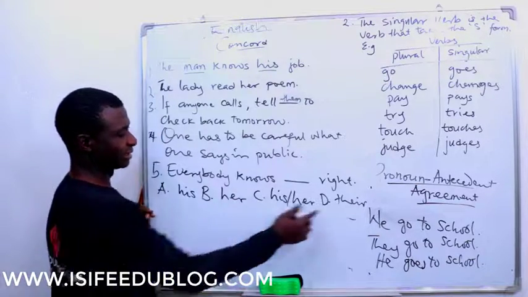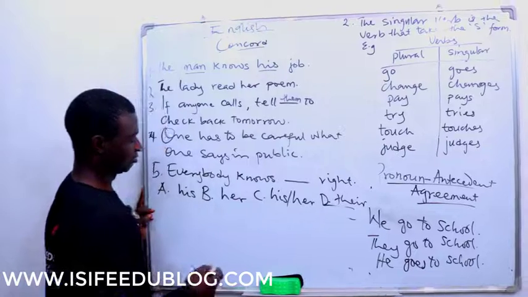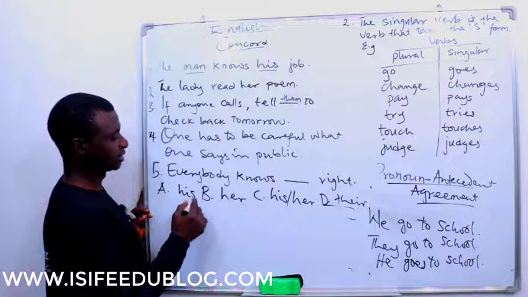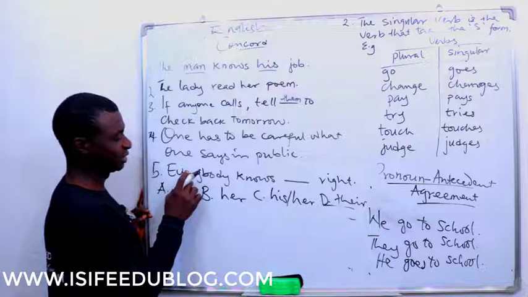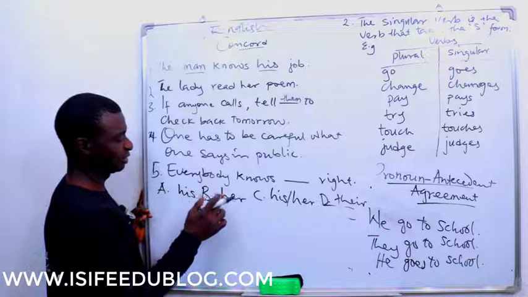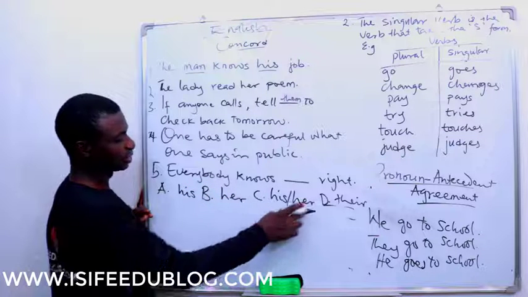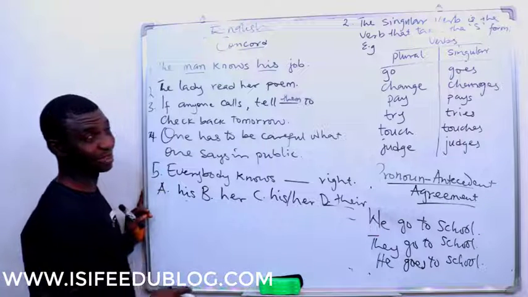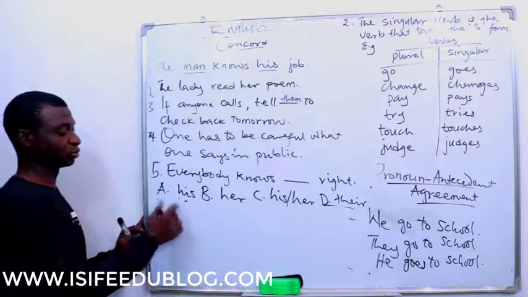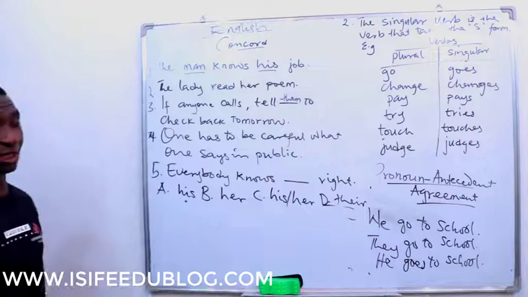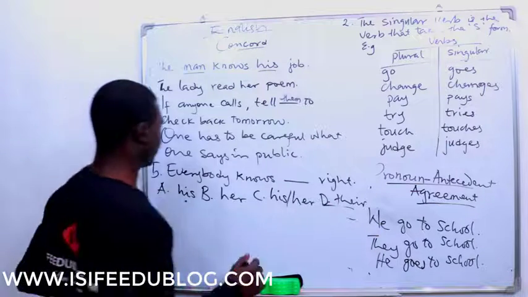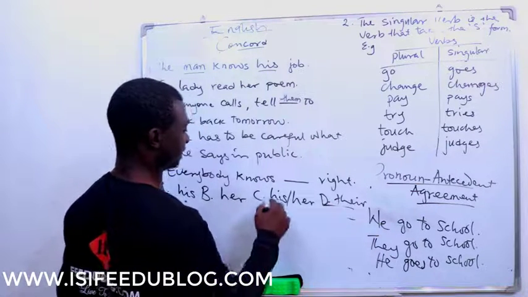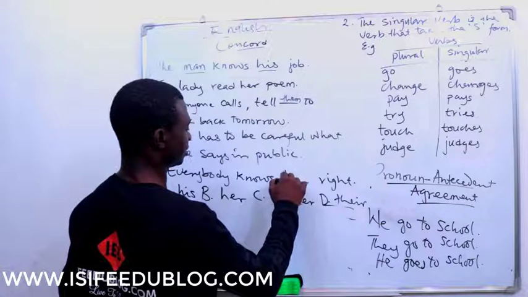The correct answer is they, because his does not capture the fact that everybody refers to male or female. Her, the same thing. His or her, we have said, is too boring, and so they has become the best replacement for his, which would have been the original word here. So everybody knows their right.